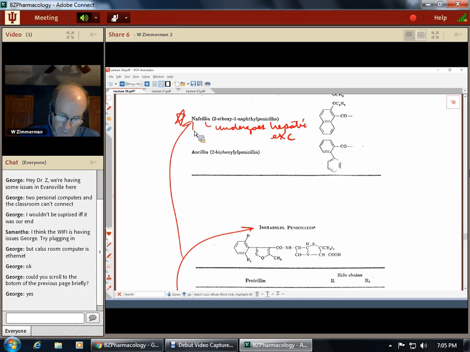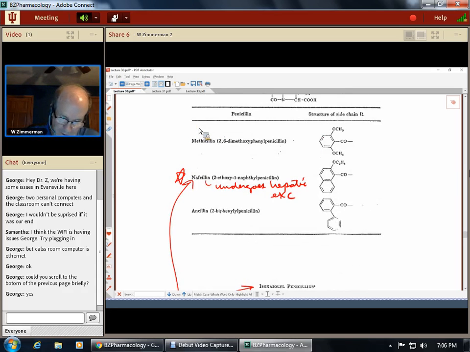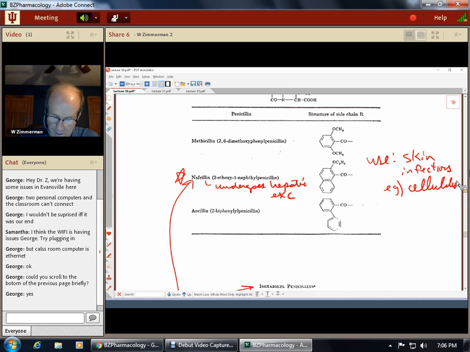Therefore, a big use, skin infections. By way of example, a cellulitis. This is where I see a lot of nafcillin used in a hospital.